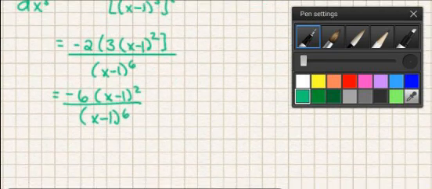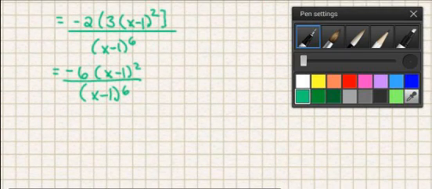We get negative 2 times 3, which is 6, over x minus 1 to the power of 2 on top, and then x minus 1 to the power of 6 in the denominator. And just like in the second derivative, we can cancel out the x minus 1 squared in the top to the bottom. So again, with power rules, whatever is on the denominator, take that exponent and subtract it from whatever is in the numerator. So then you're left with 4 for your denominator.